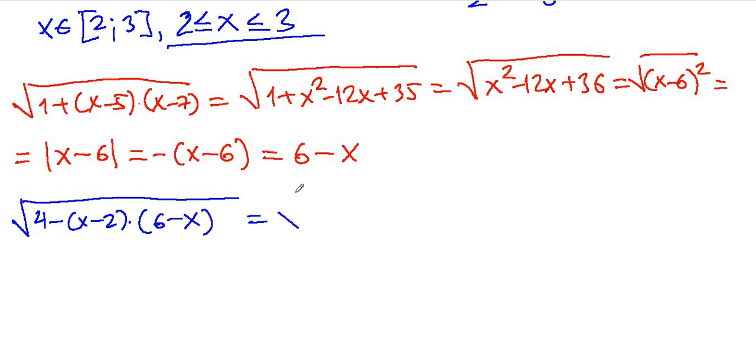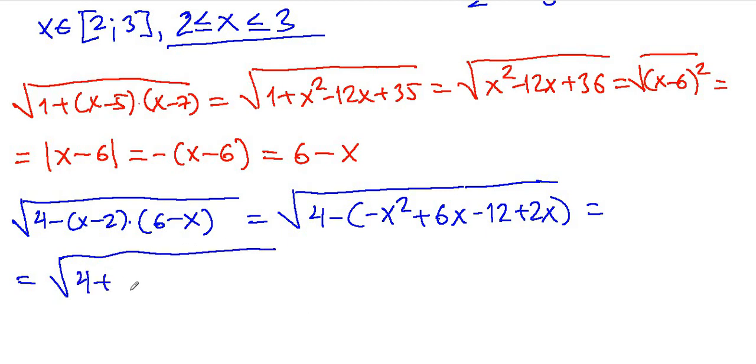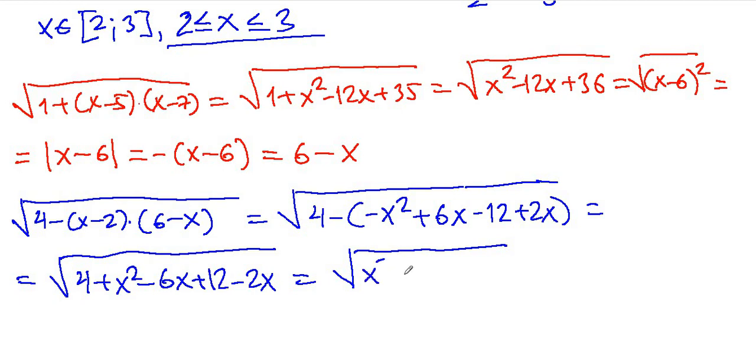Now again the same procedure here, 4 minus, so in the bracket, minus x squared plus 6x and minus 12, and here plus 2x, and this gives us square root of 4 plus x squared minus 6x plus 12 minus 2x, and grouping like terms I will get x squared minus 8x plus 16.